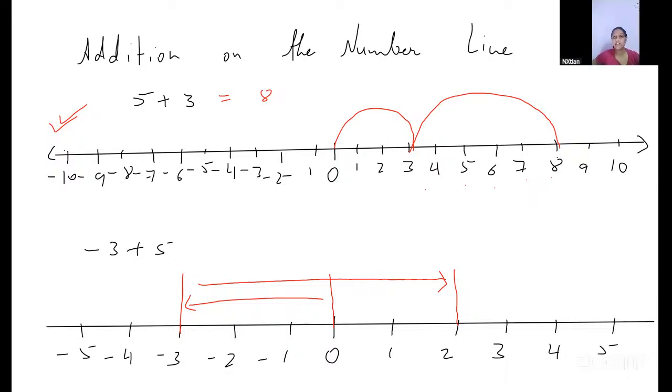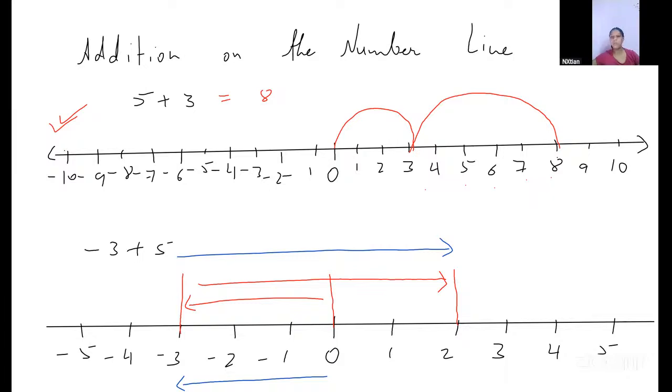Minus 3 is on the left side of the number line. So I have gone 3 steps from 0 until I reached minus 3. Now it says plus 5. So I will not go back to 0 and then count 5 steps towards the right. No. From minus 3, I will go 5 steps towards the right side.